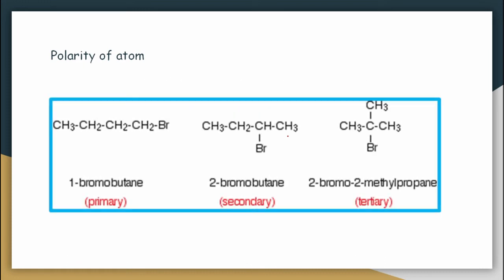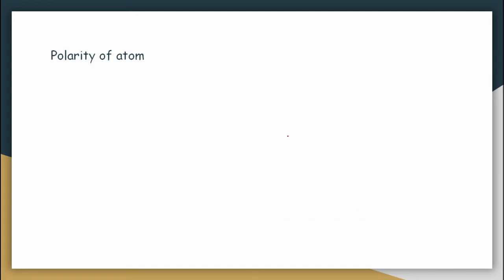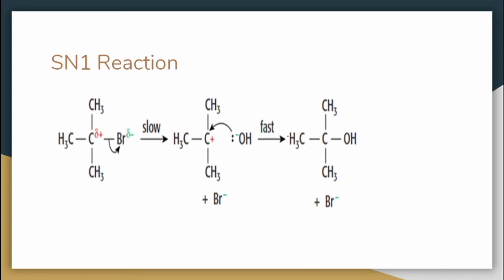These will be the products of the primary, secondary, and tertiary of SN1. We're gonna talk about it later. This is the SN1 reaction, which comes from substitution nucleophilic type 1 reaction.